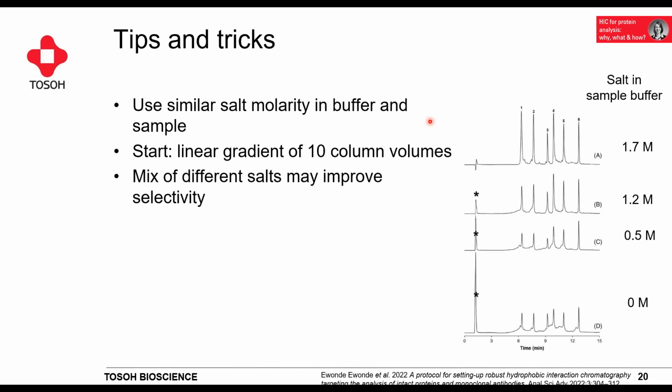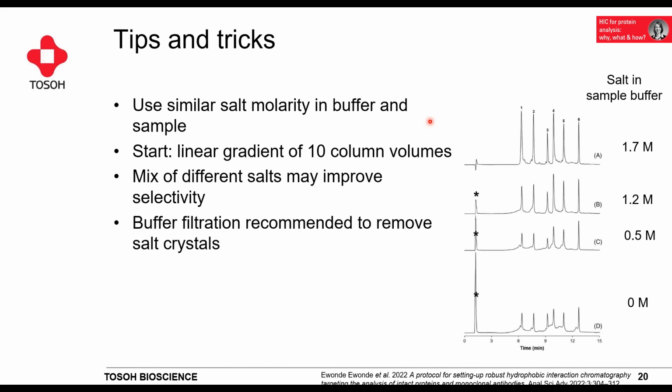One thing I wasn't referring to now is that you cannot only use different salts, but you can also mix different salts in order to get another selectivity. Of course, this will be a little trial and error because it's very hard to predict what mixing of different salts may have as an impact, but it's sometimes the key to a successful HIC method.